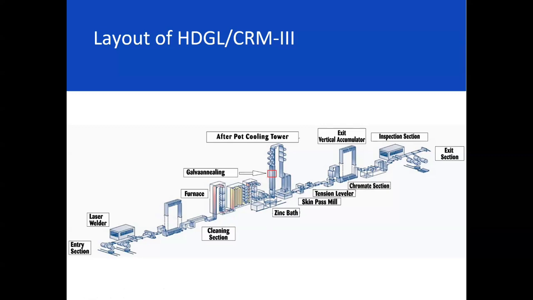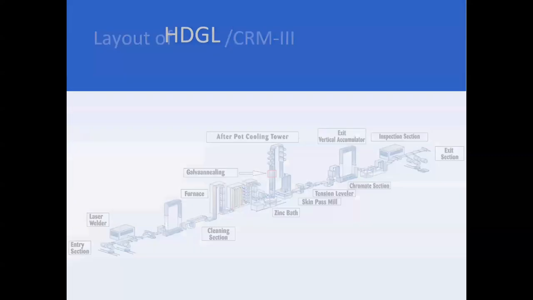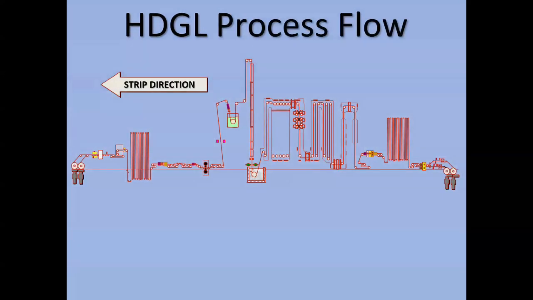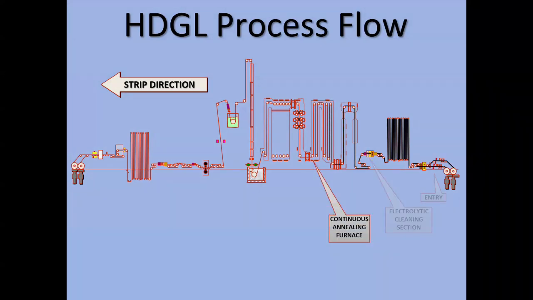Then we have a continuous annealing furnace. I will be moving on quickly to the line diagram in detail. After the electrolytic cleaning, we have the continuous annealing furnace where, depending on the annealing cycle defined for the material grade being processed, we do annealing of the strip. This is different from the bell annealing furnace in the sense that that is a batch process and this one is a continuous annealing process.